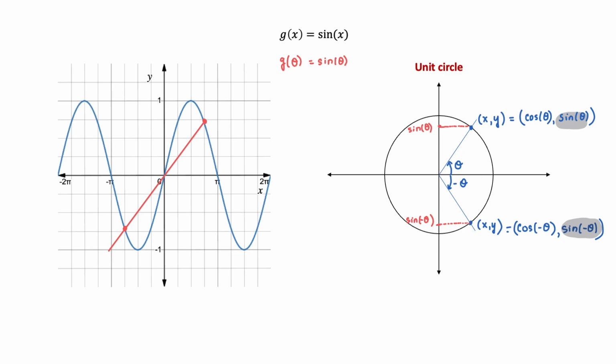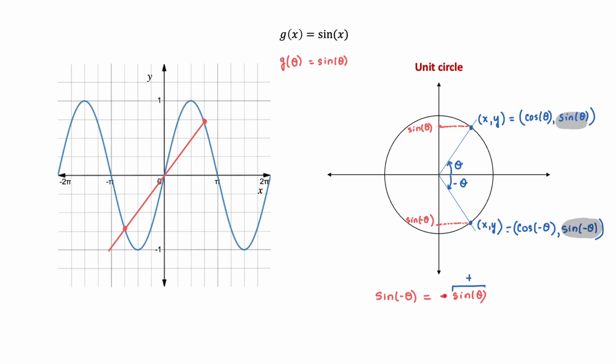And if we are going to set them equal to each other, we're going to have to make a minor adjustment. We are going to say that sine of negative theta is going to be equal to minus sine theta. We cannot just say that sine of negative theta equals sine theta. That would be wrong because a positive number cannot equal a negative number. But then, if you remember, sine theta is positive.